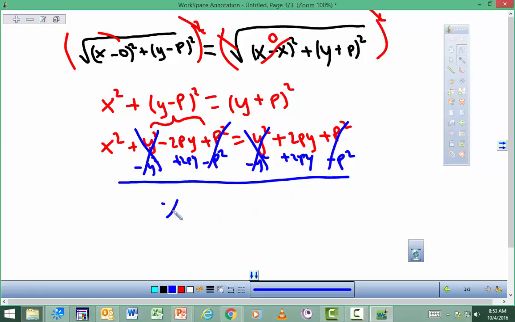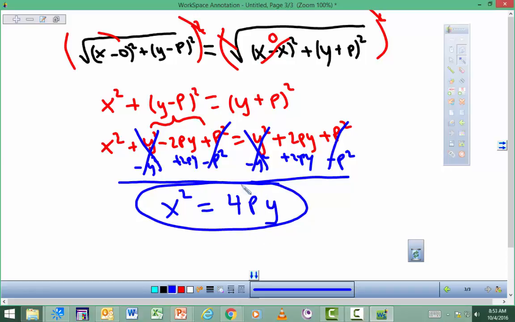And so I end up with x squared is equal to 4py. There you go. Now what's nice about this beautiful equation is that it has the distance to the focus point right there. This p is the distance to the focus point from the vertex.